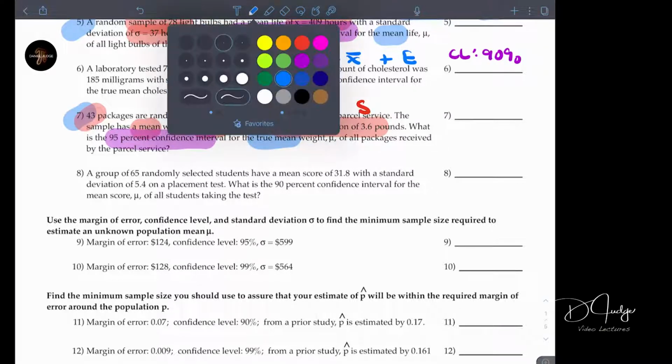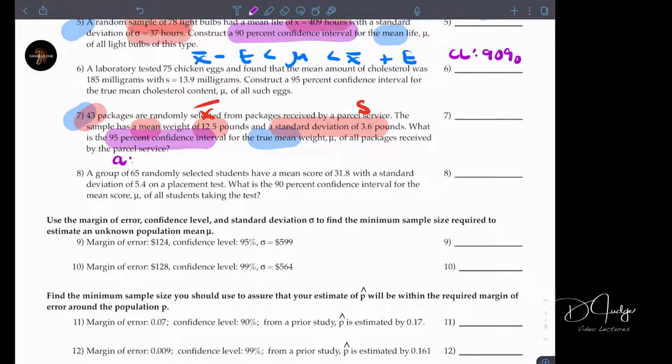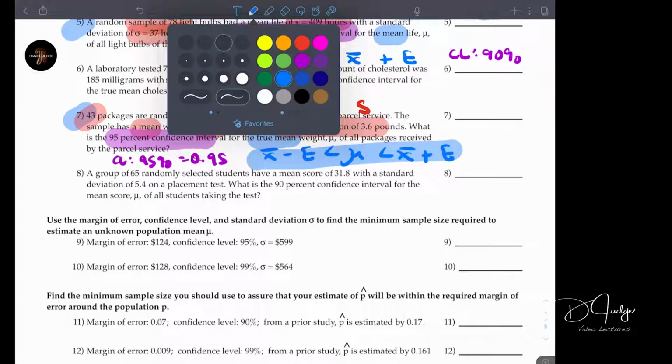So I'm going to write it down here. Now this is estimating a mean still. Let's write everything down.